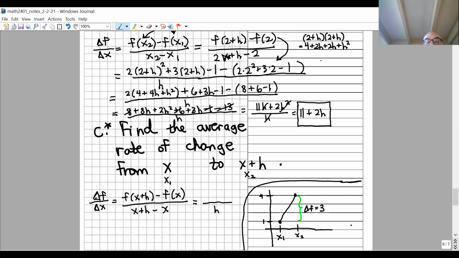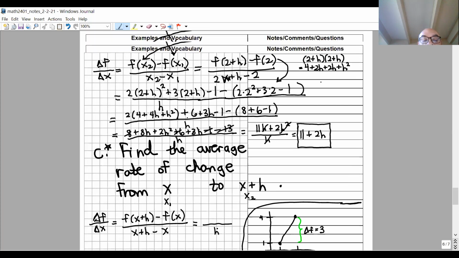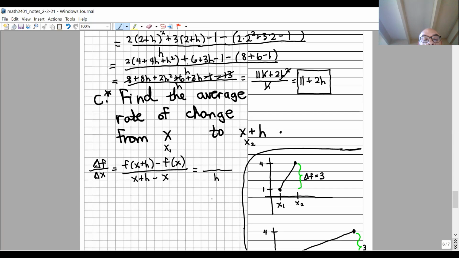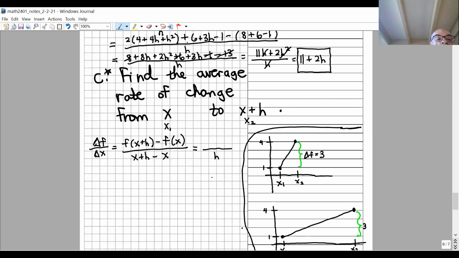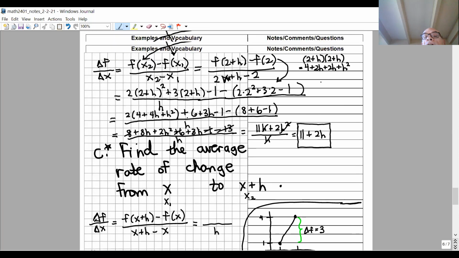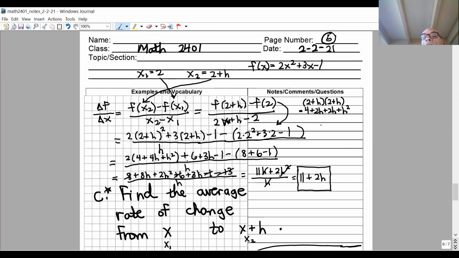All right, so let's try this, and I'm going to start now. So f of x plus h. This means I'm going to take x plus h and plug it into my function formula. Remember, there was the function formula. So I'm going to plug x plus h in for x.